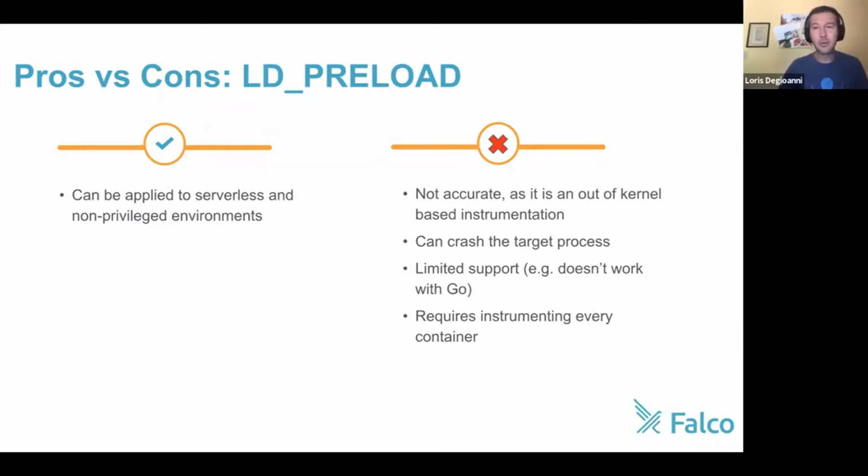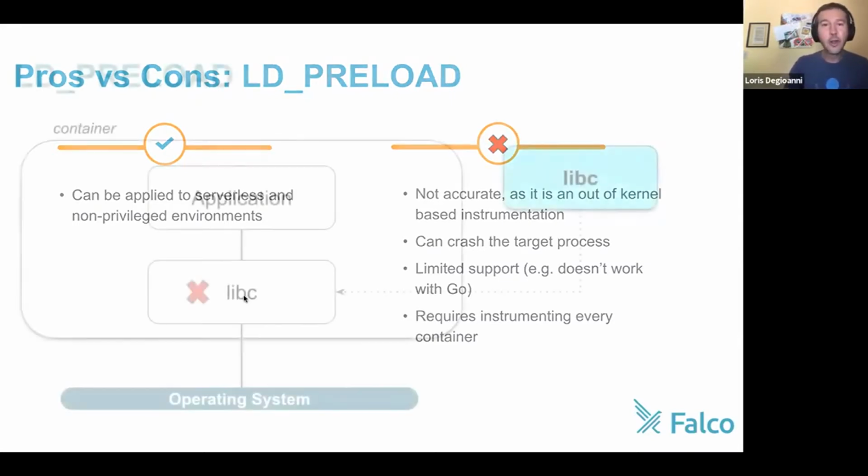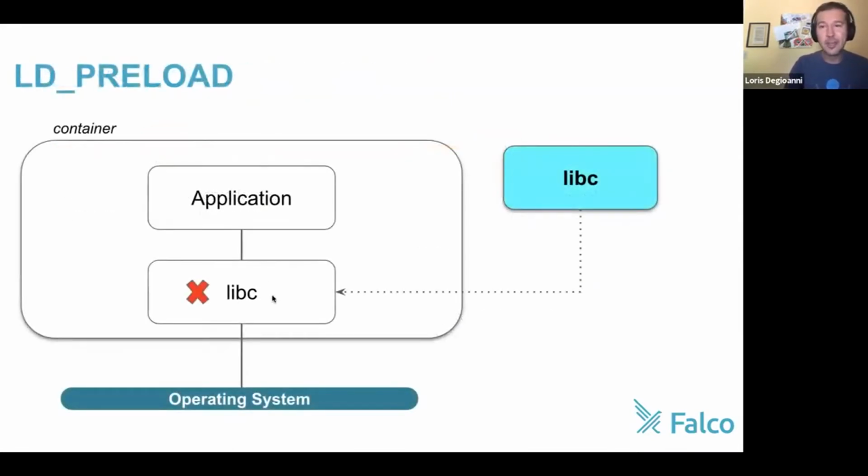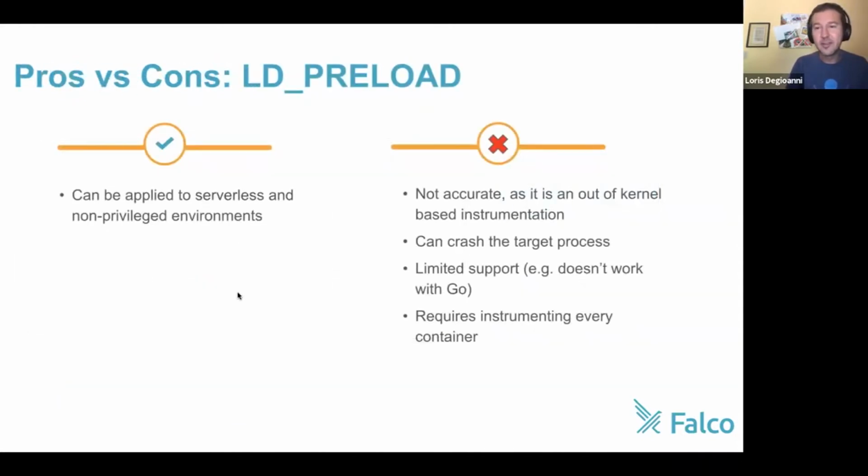For example, Go as a programming language, very interestingly, really implements its own runtime. And one of the design, kind of architectural choices of Go is that Go produces fully static binaries. So Go doesn't use external libraries. So this trick of loading different libraries doesn't work for a Go application, which, as you can imagine, is a pretty strong limitation in cloud native. And of course, LD preload requires you to go and instrument every container.